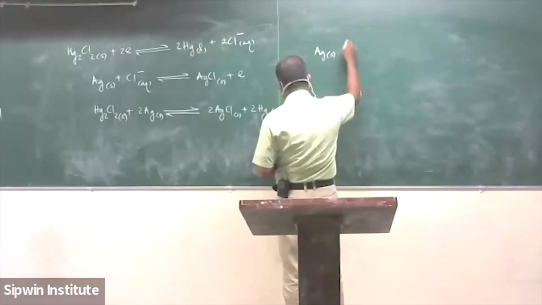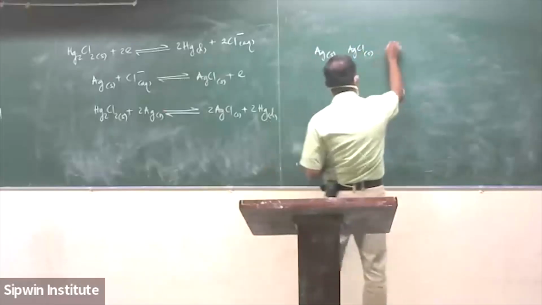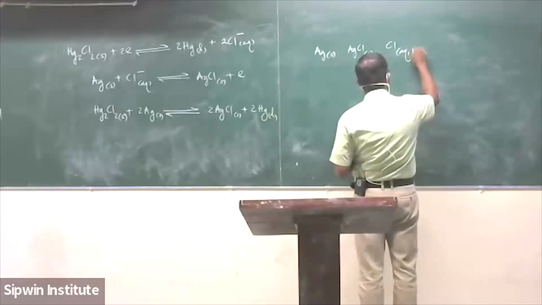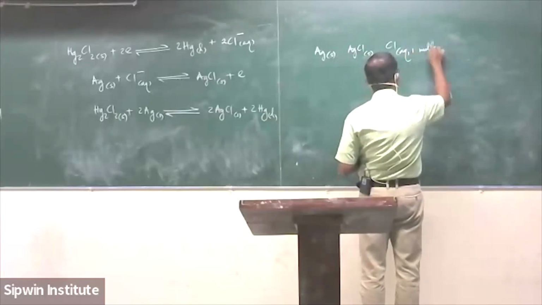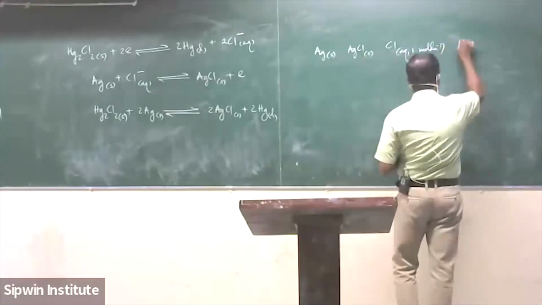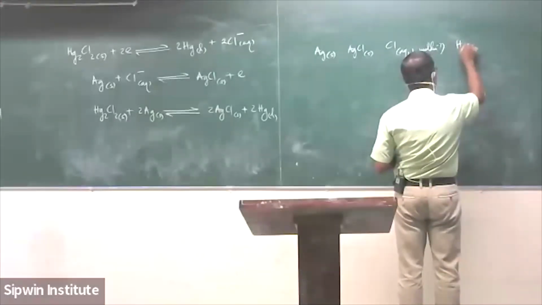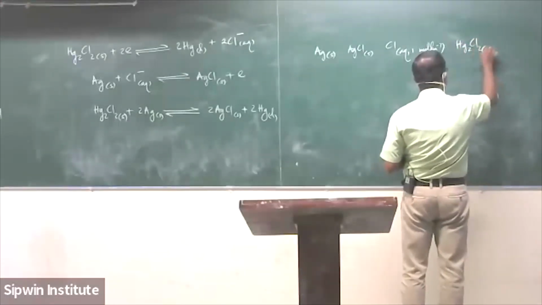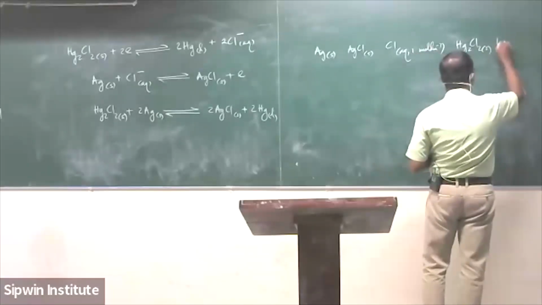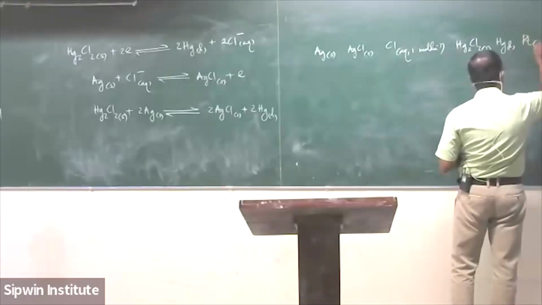Silver solid, silver chloride solid, Cl minus equals 1 mole per cubic decimeter, Hg2Cl2 solid, Hg liquid, platinum solid.